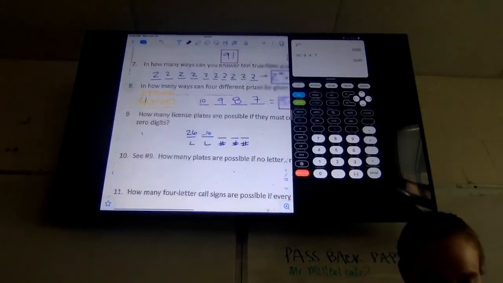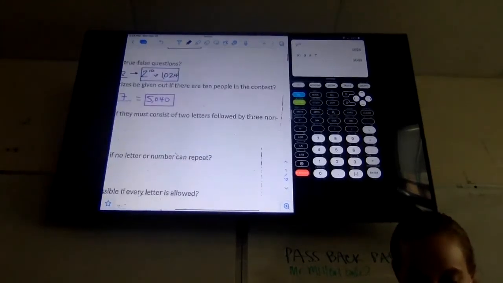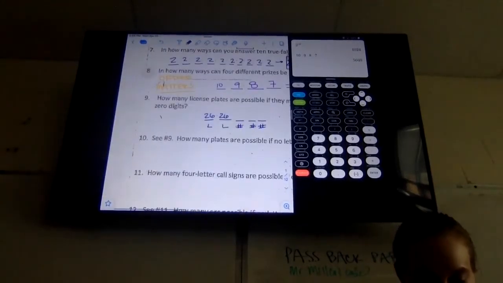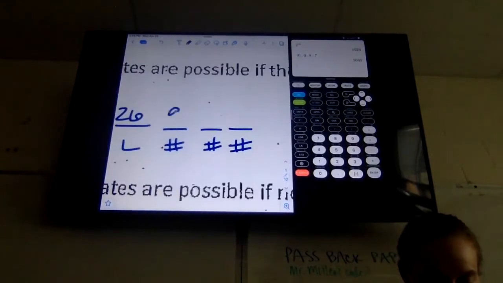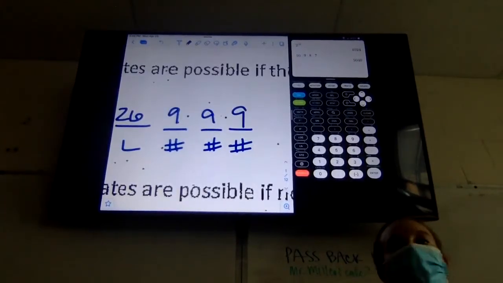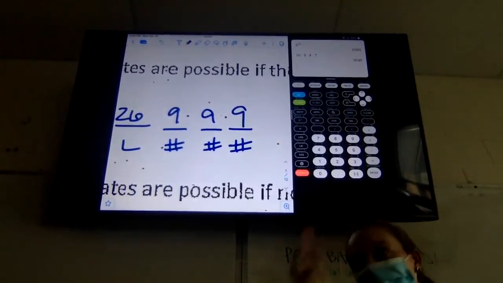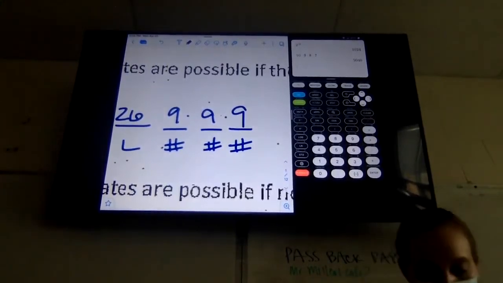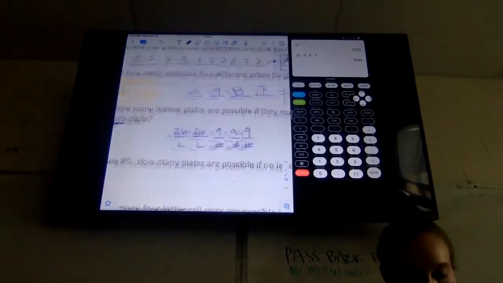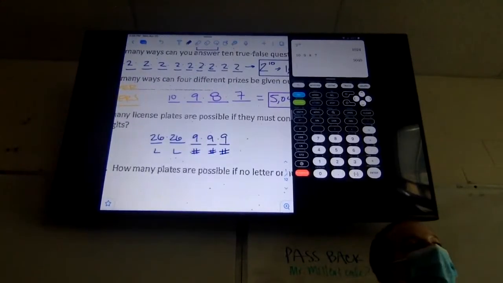However, this problem specifically says you may have non-zero numbers, so we only get to use 9 digits. And there's nothing about repeating or not repeating here, so we're going to assume that you could use 111 or 333. Okay. Now you can put that in your calculator by just doing 26 times 26 times 9 times 9 times 9.